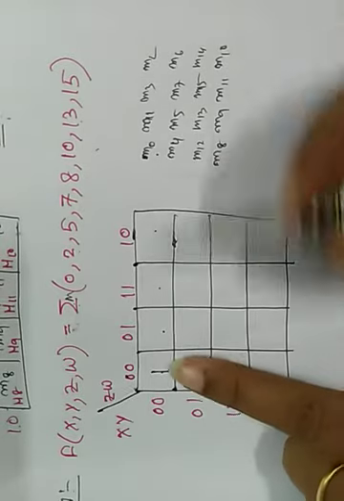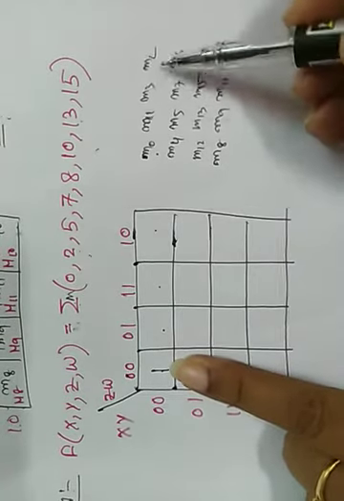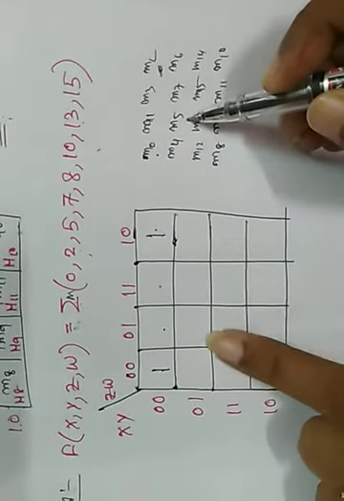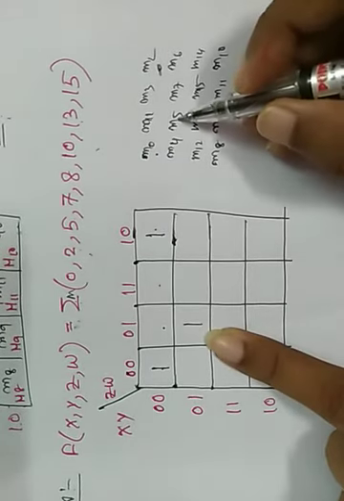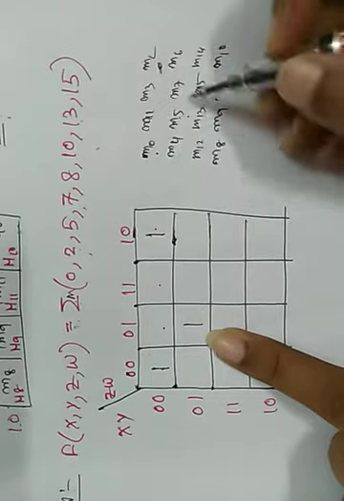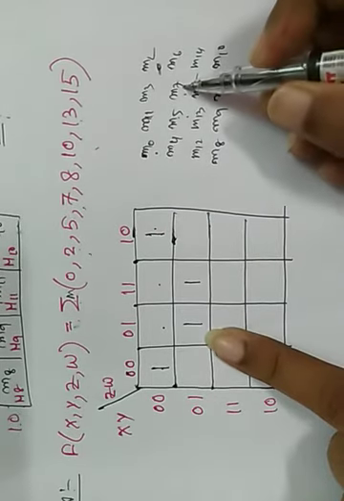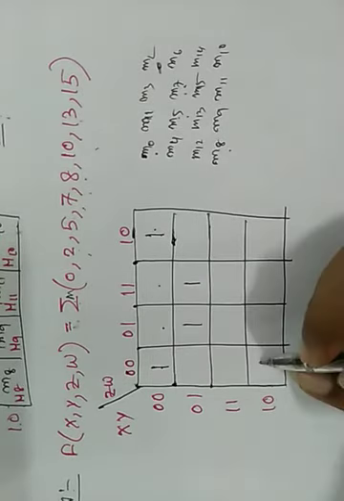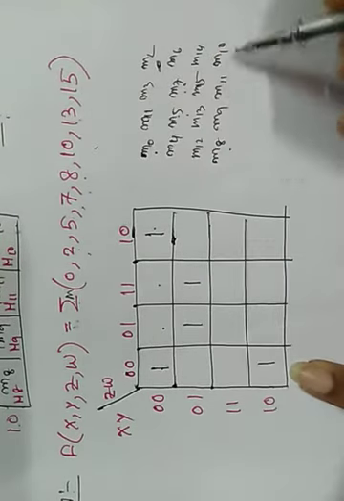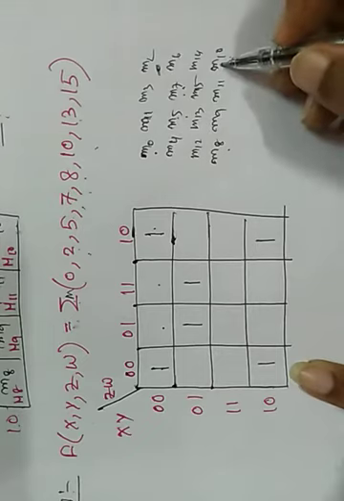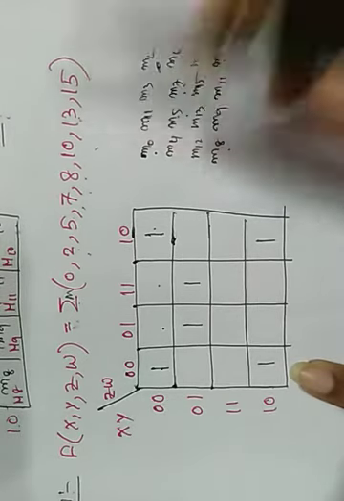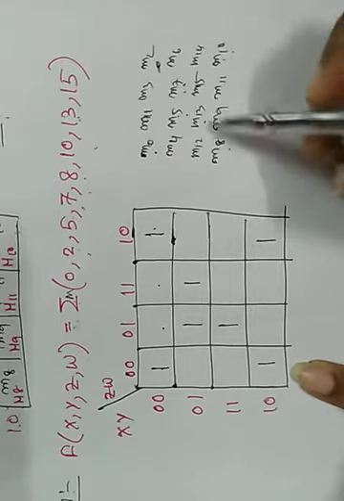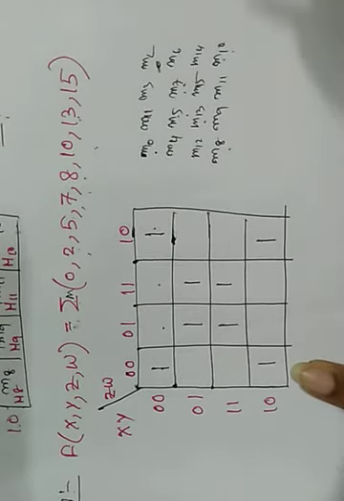So M0 is here, then M2 comes here, then M5 means this cell, M7 means here, then M8 means in the last cell, M10 means here, then 13 means here, and then 15.